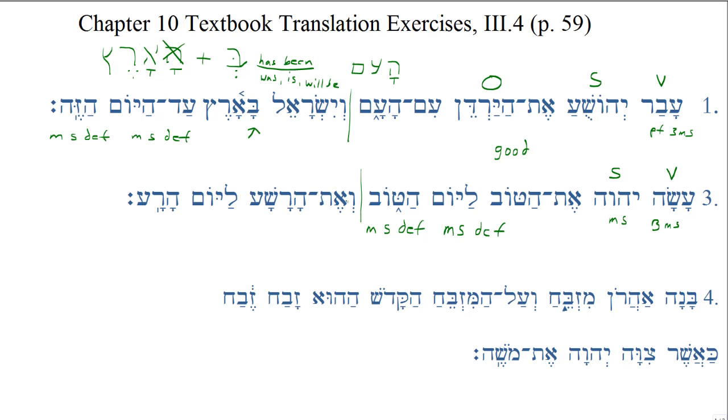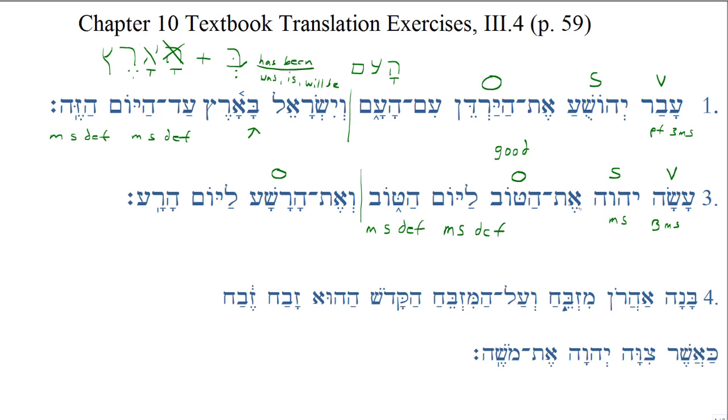And then we notice that we jump right into a direct object marker and harasha, the wicked. Now, wicked is an adjective that can also be used as a noun, and since it's following a direct object marker, it's clearly being used as a noun. So we have an object that goes with asa here with hatov, and a second direct object, harasha, which also goes back to asa.